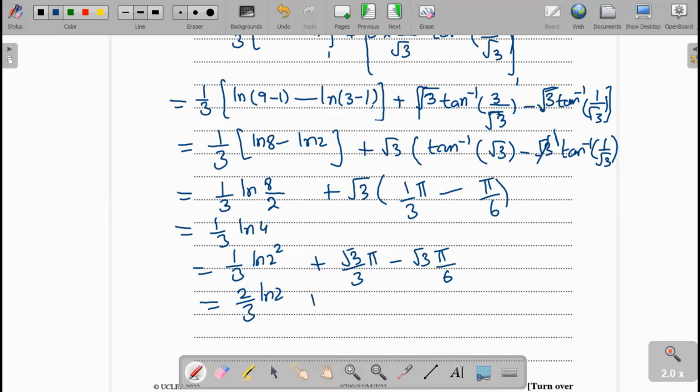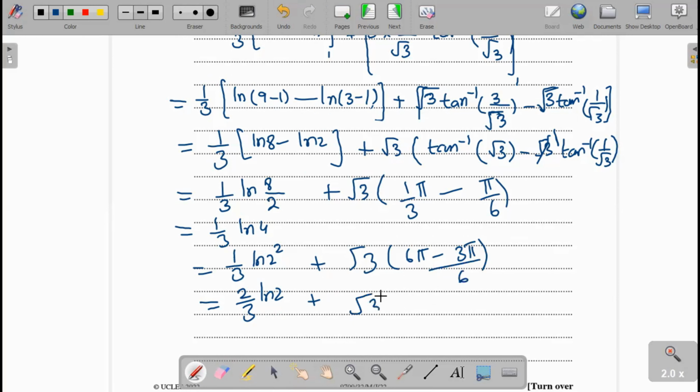You can write it as plus 5 over 3, 6 into under root 3 and 6 pi minus 3 pi over 6.